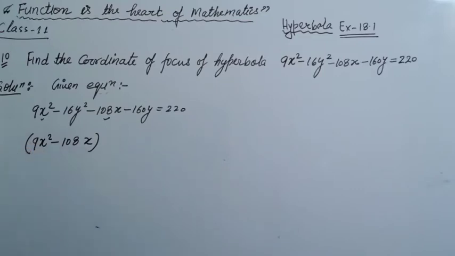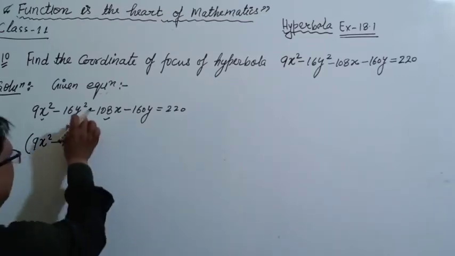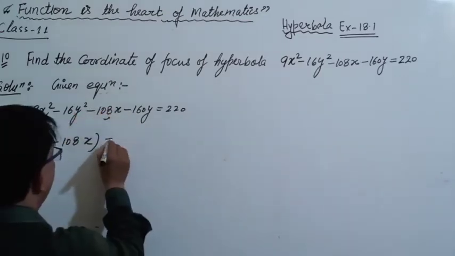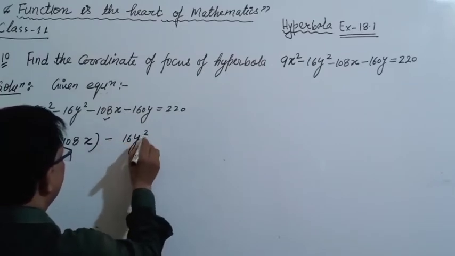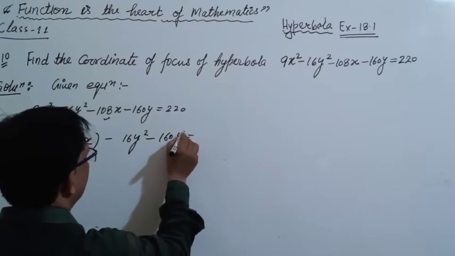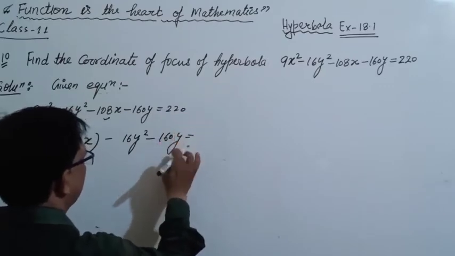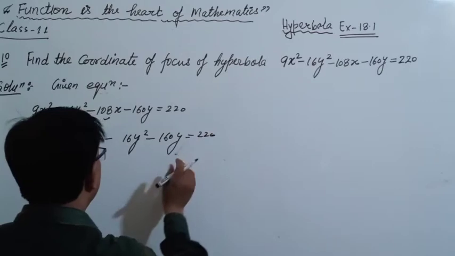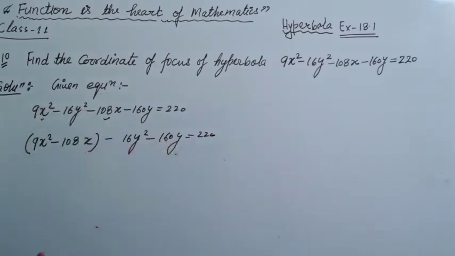Also club the y terms: 16y square minus 160y is equal to 220. We write like terms together.